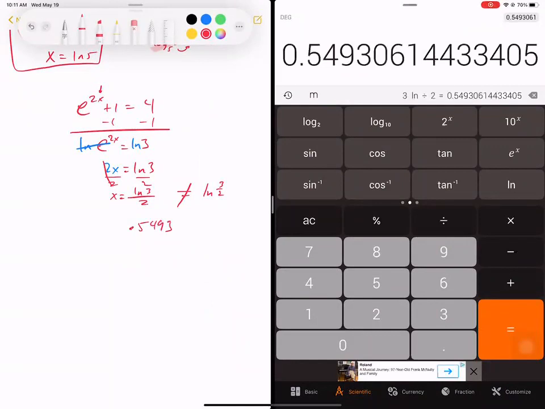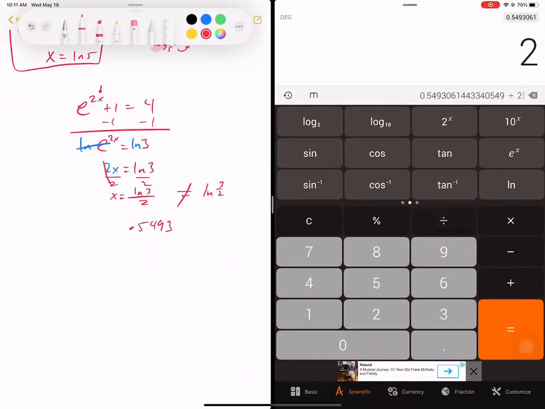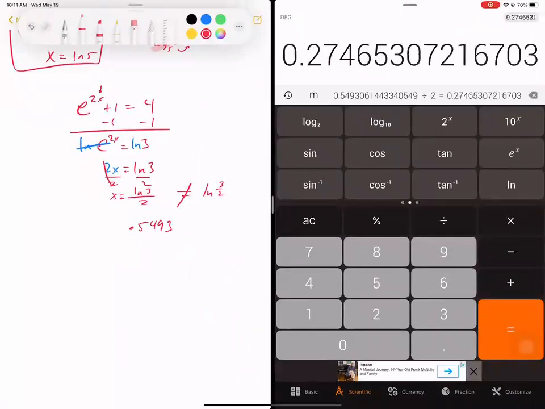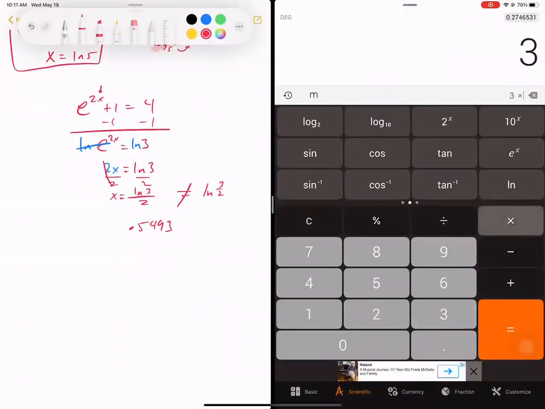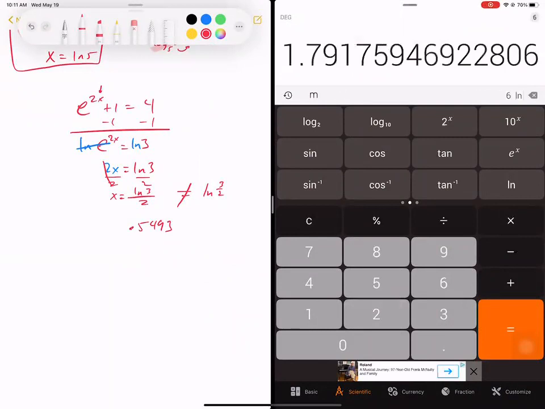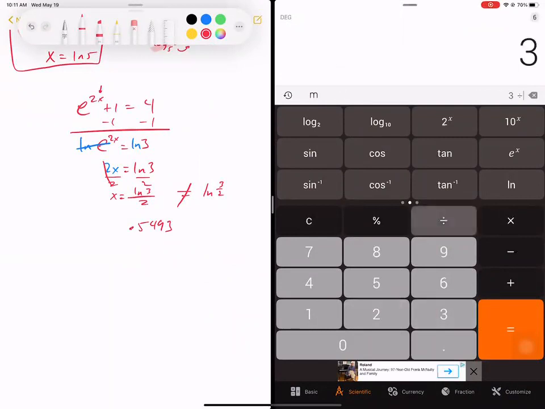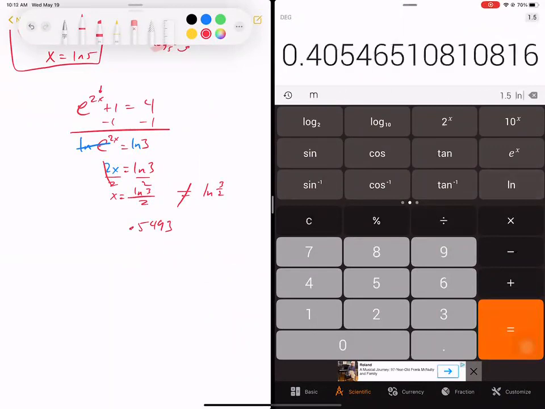But if I do 3 divided by 2 first, and then natural log that, that number is not the same, okay? That's not the same, and you would get the answer totally wrong. So make sure you know the difference. The 2 happens after we natural log both sides.